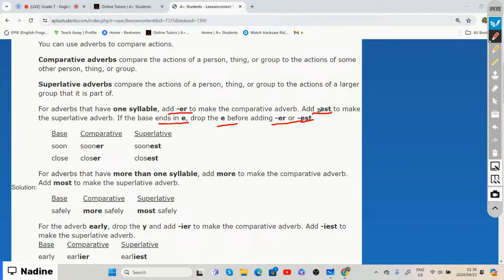All right. And if we now look at the way we can compare it, right? Our base word, comparative, as well as our superlative, right? We can see for our base word, if we, for example, use a one syllable word like soon, right? Then when we compare it to one person or thing, we can say sooner by adding the er.